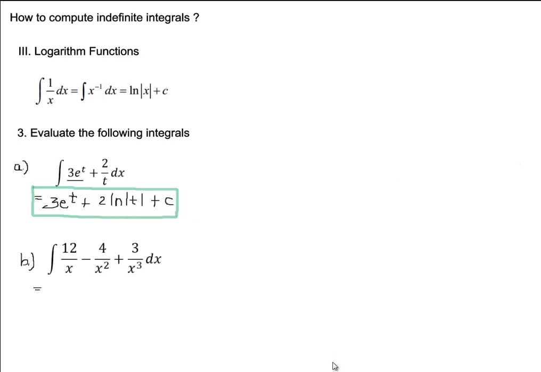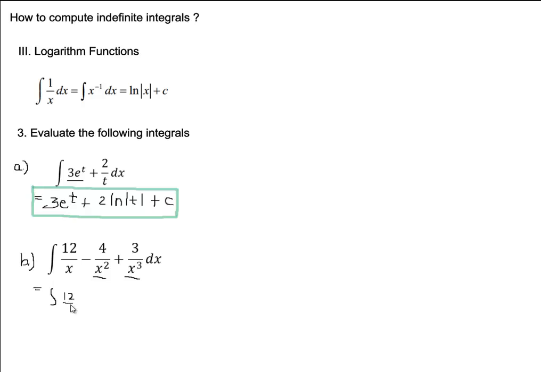For the second example, we need to rewrite first the second and third term. We must bring the denominator into the numerator to make it easier for us to find the integral.